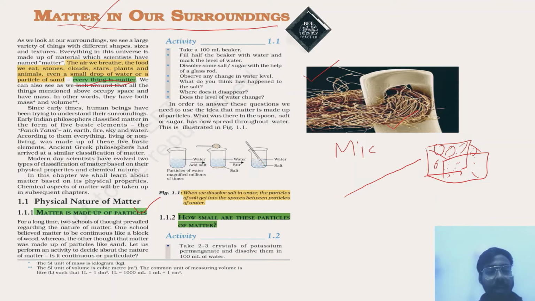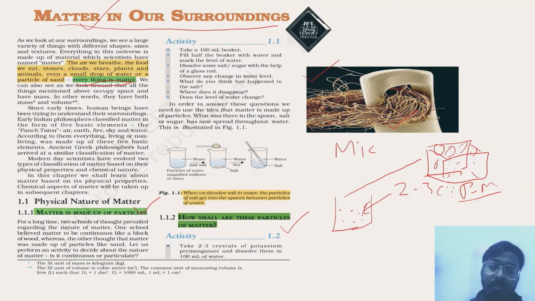Now, how small are these particles of matter? You can see, we have taken a glass of water and put 2 to 3 crystals of potassium permanganate.